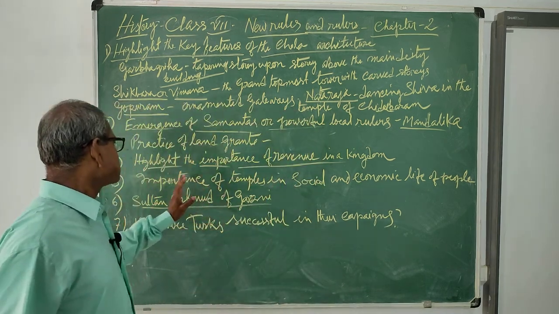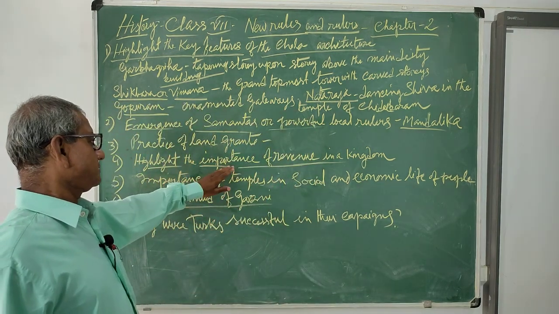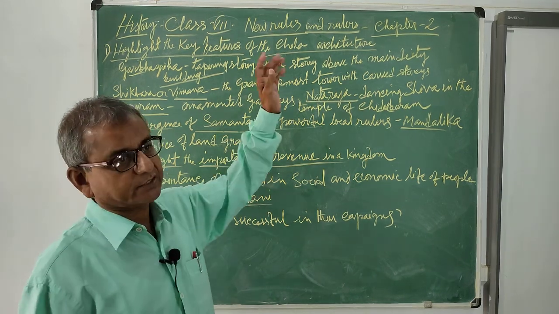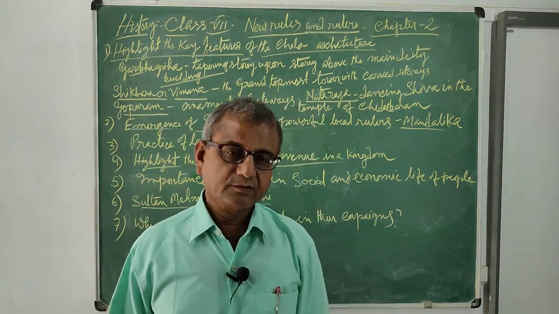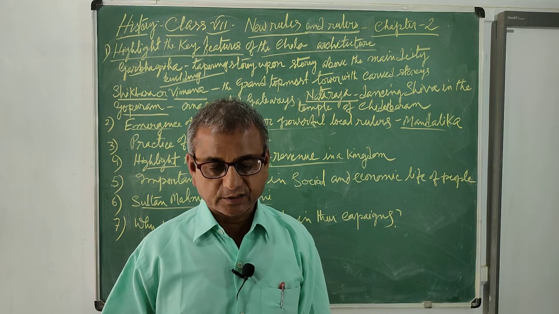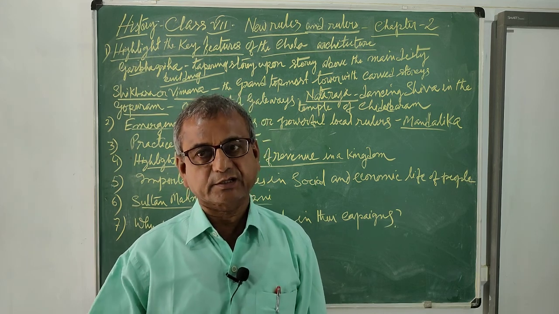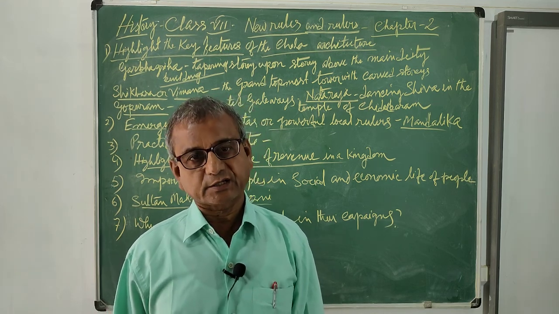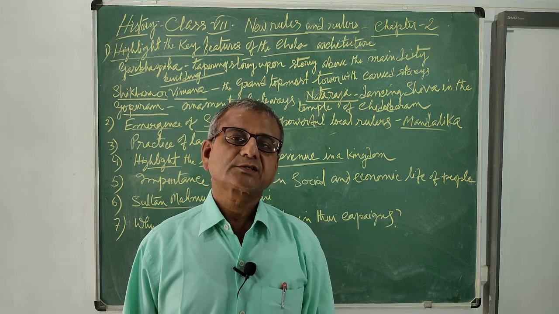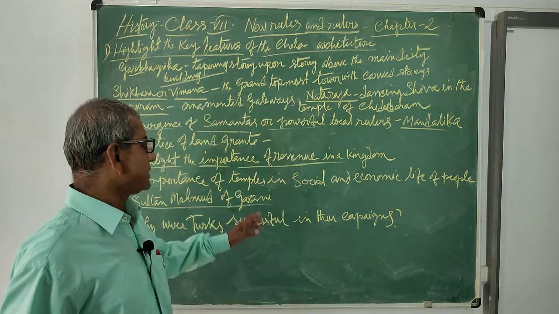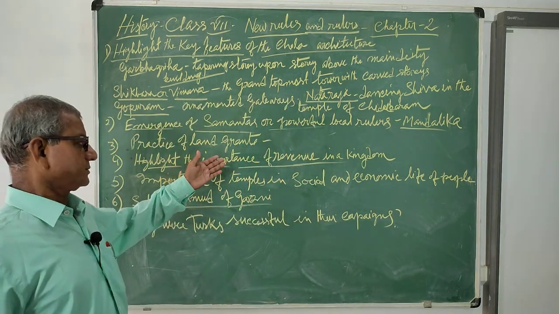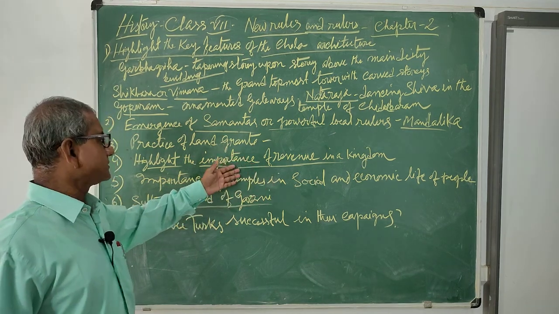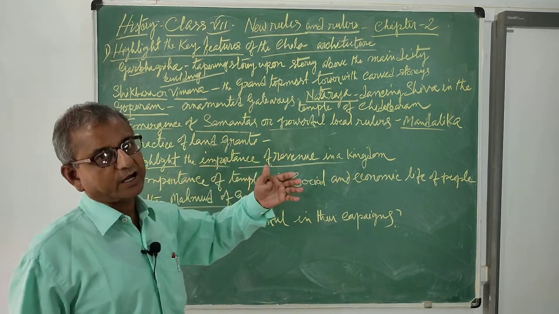Moreover, revenue was also collected in the form of plunder. Sometimes the king invaded the kingdoms of others and plundered their wealth, collecting resources from other territories.